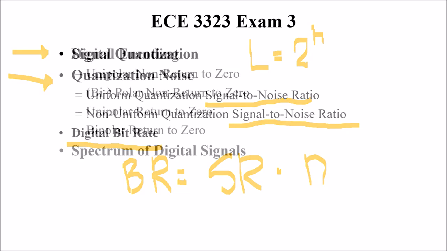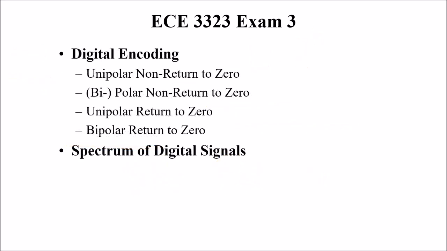We then discussed turning this string of ones and zeros into a binary signal, and you have to determine what kind of encoding you wish to use. We looked at different forms of encoding with names like unipolar non-return to zero, polar non-return to zero, and then some return to zero type signals.